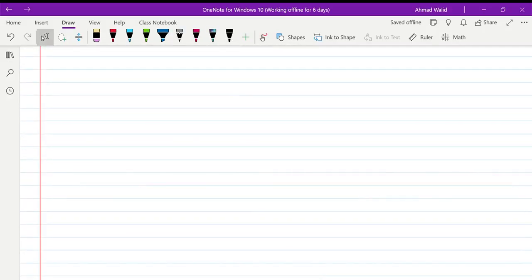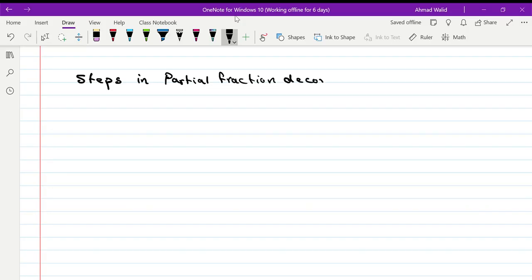Let's write here the steps in partial fraction decomposition. Please focus on each step.